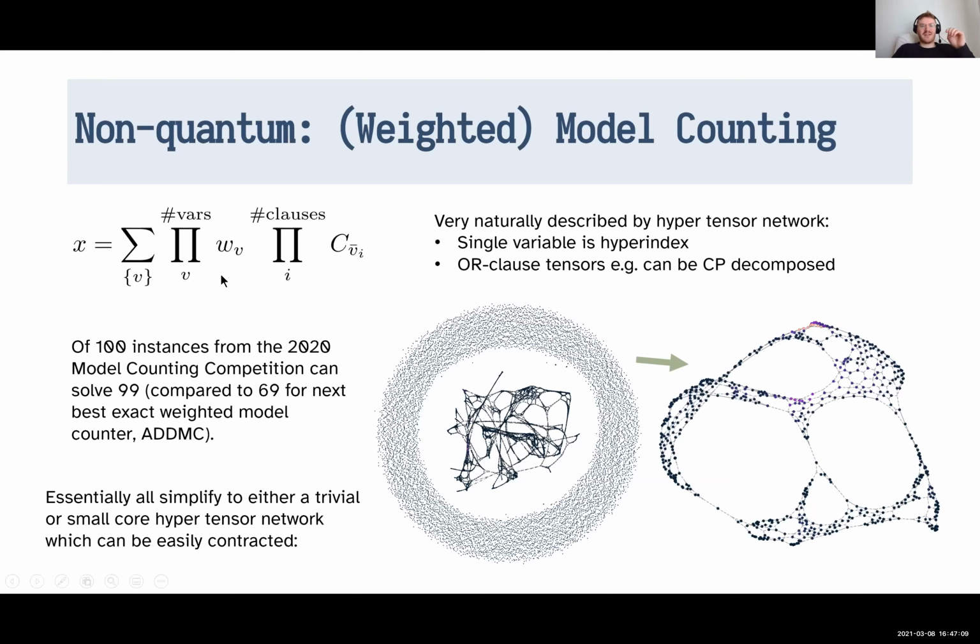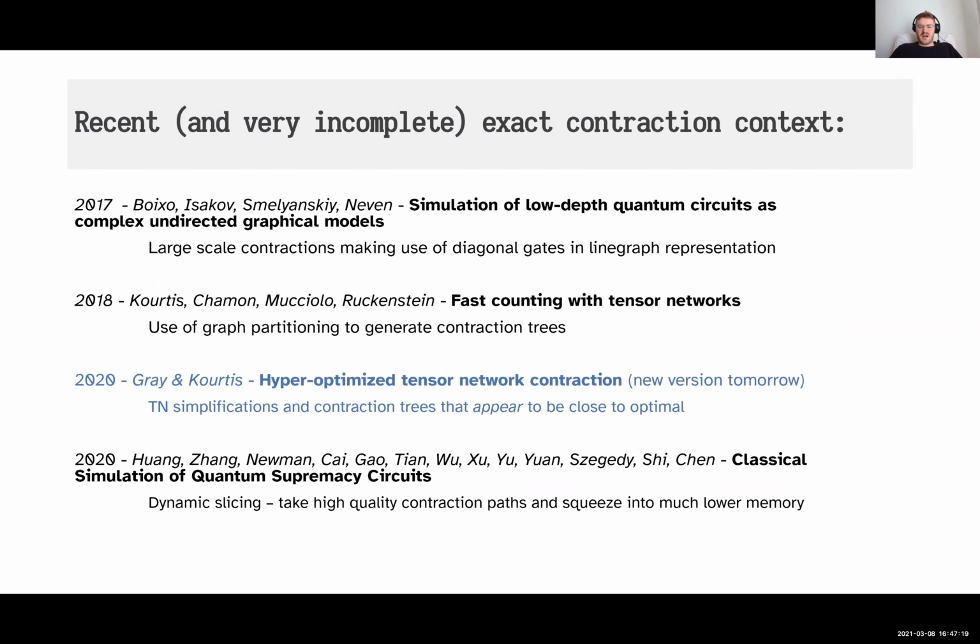And an illustration of trying to think about how to maximally bake the hyperindexes into your representation of the objects. This is just a very recent incomplete list of some literature that I think is notable, particularly for the exact contraction. Maybe people can come back to that if they want.